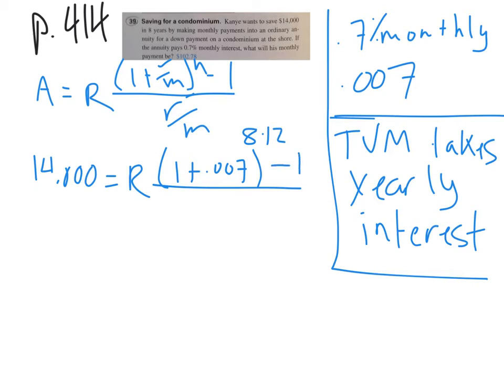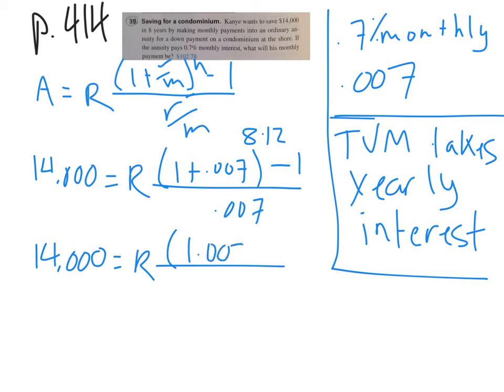Don't forget your minus 1, and on the bottom it's R over M again, which is monthly interest, which we already have. Alright, so we can clean this up a little bit. Obviously this is 1.007. 8 times 12 should be 96 minus 1. We have another 0.007.